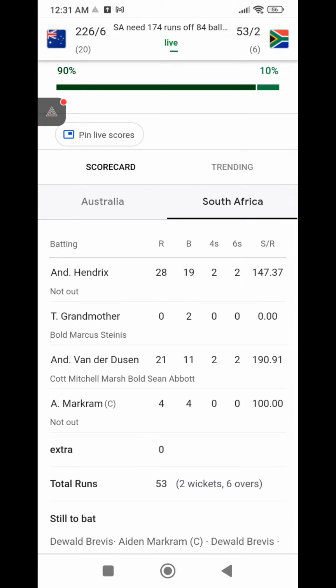Bowled Marcus Stoinis, 0 of 2. Van der Dussen caught Mitchell Marsh, bowled Sean Abbott, 21 of 11, 2 fours and 2 sixes. 190.91 is the strike rate.